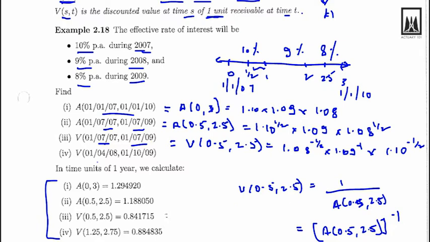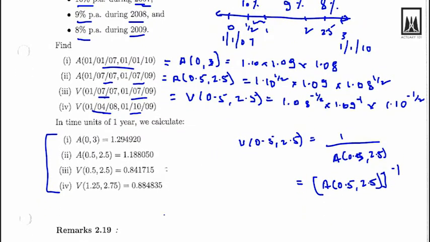Then the last part is from 1st April 2008 to 1st October 2009. It's nothing else, it's just very simple. We'll again draw the timeline, and because that has become very messy, I'm just drawing a new timeline. You can just continue on the same one as well, because here I have 0, here I have 3, and since it is in 2008, it's going to be after the first year.